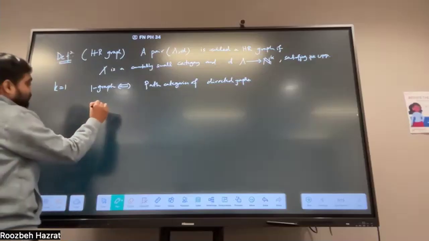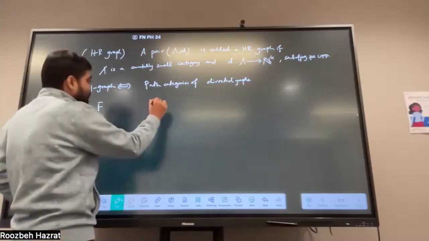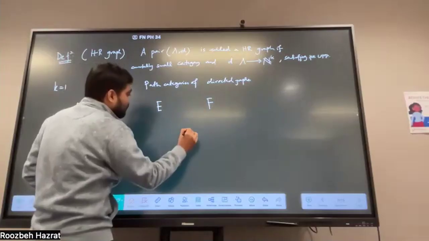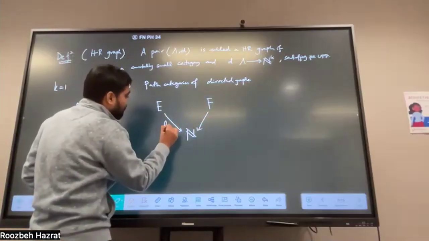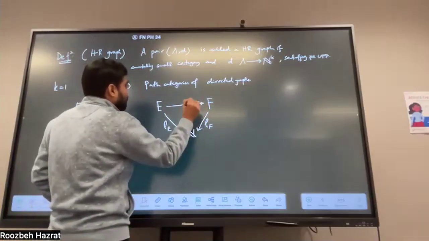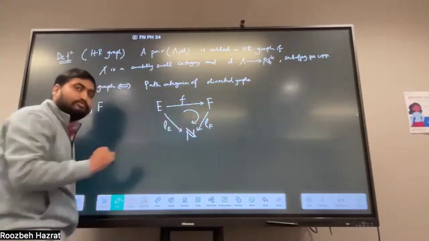So if you have two graphs, say E and F, I am viewing them not only as E, but also together with these length functors. And then for a graph homomorphism, you can easily check that it makes this diagram commute.